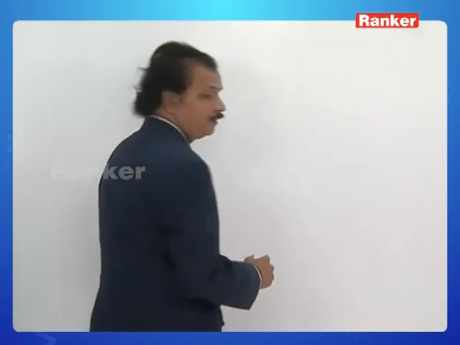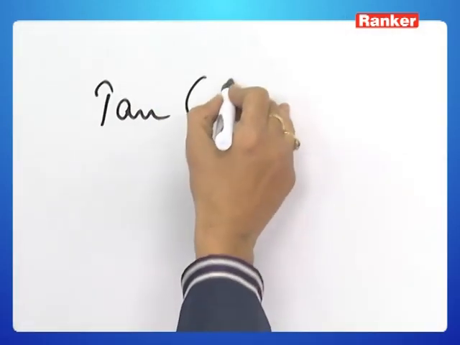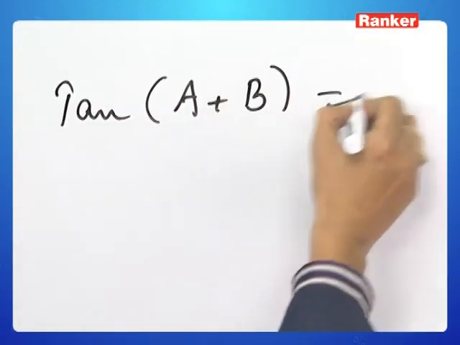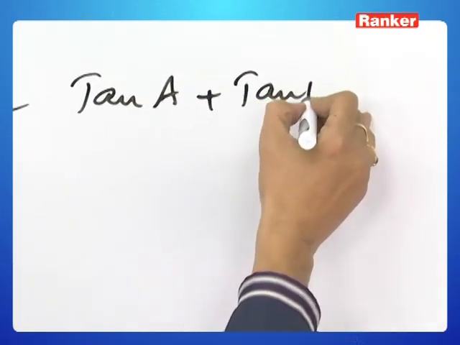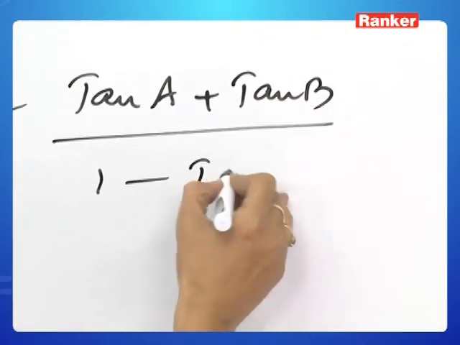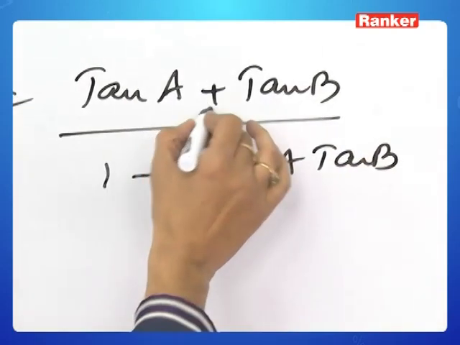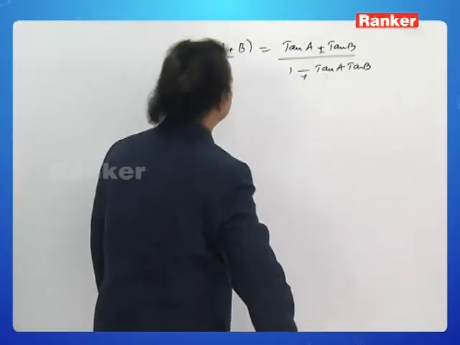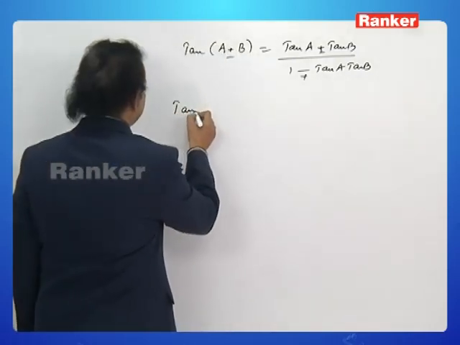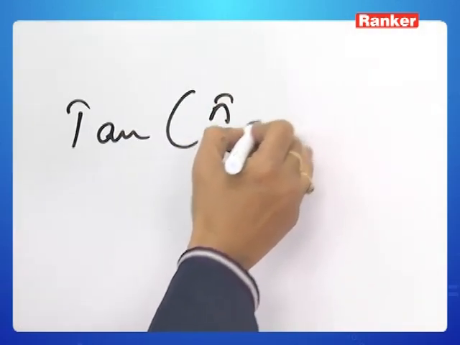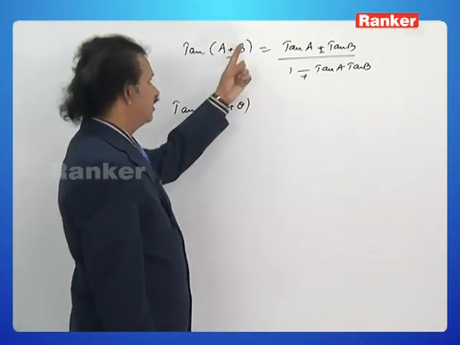Let us now observe the formula tan of a plus b is equal to tan a plus tan b by 1 minus tan a tan b. If the numerator is minus, the denominator is plus. From this, can you estimate tan of pi by 4 plus theta? Replace a by pi by 4, replace b by theta.